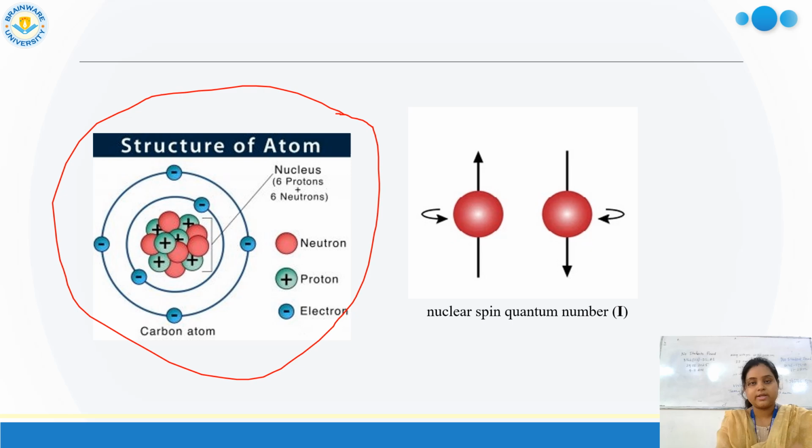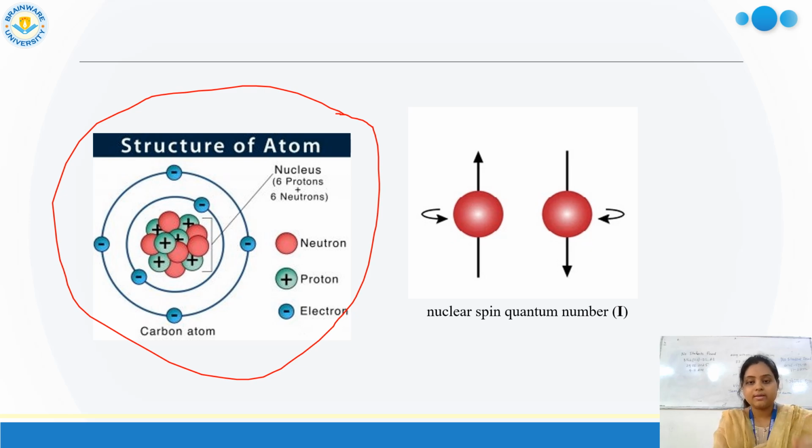And around this nucleus, the electrons are revolving in a particular orbit. This structure we all know. But the nucleus is not at all at rest. It is also spinning. It may spin clockwise or anti-clockwise, in two directions.